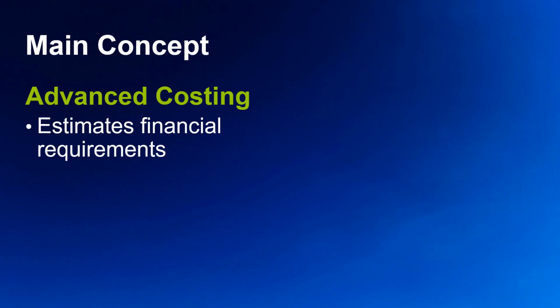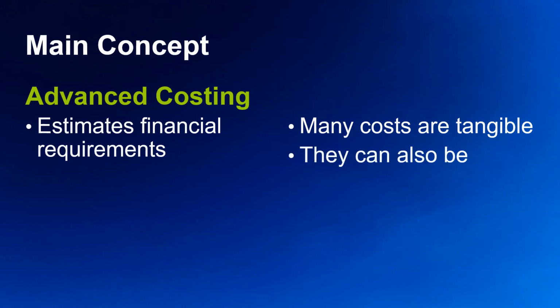The main concept behind this lesson about advanced costing is that costs are incurred even when you do not have to pay an invoice, write a check, or transfer funds. And although you have people, tools, equipment, material, and other tangible items that you need to purchase for your project, don't forget that there are many costs that are not so directly obvious.